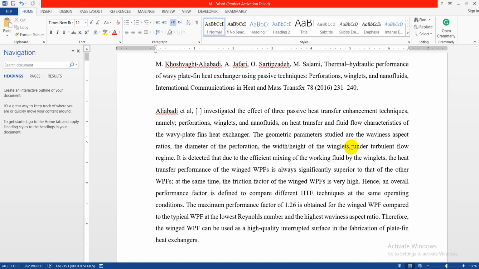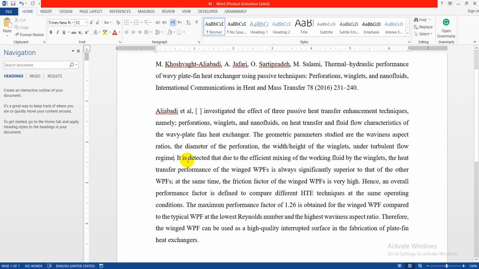So in that case, you said what they investigated and why they did this investigation, what the geometric parameters studied are, and the range, whether it is laminar or turbulent. I think everything is clear now.